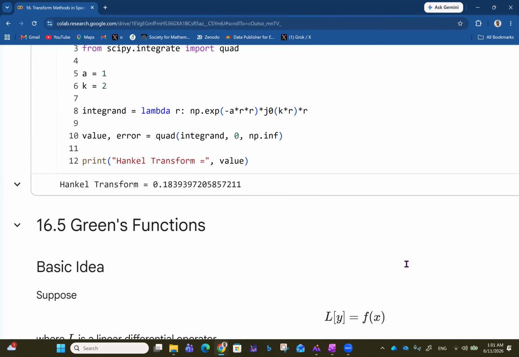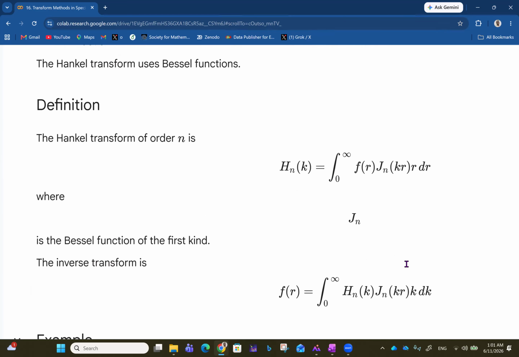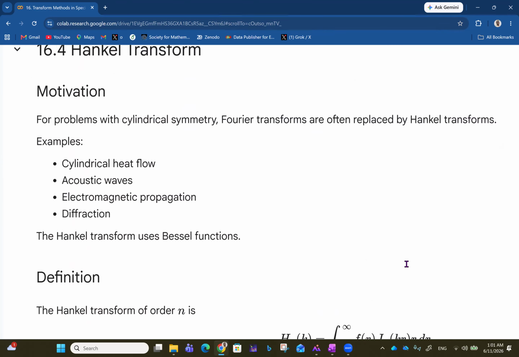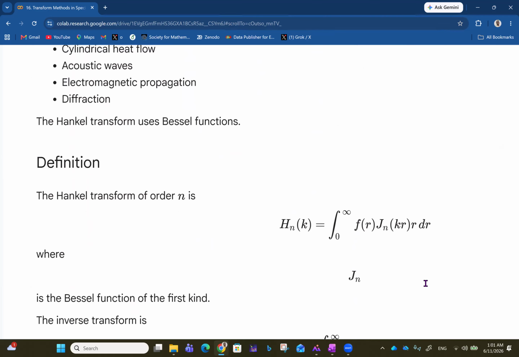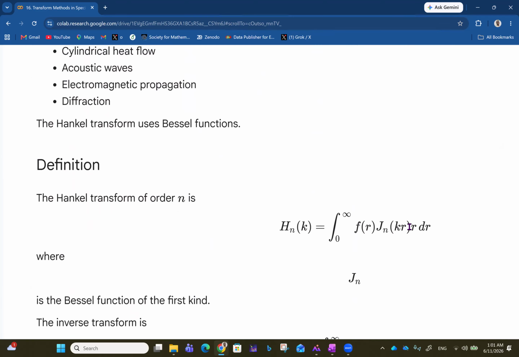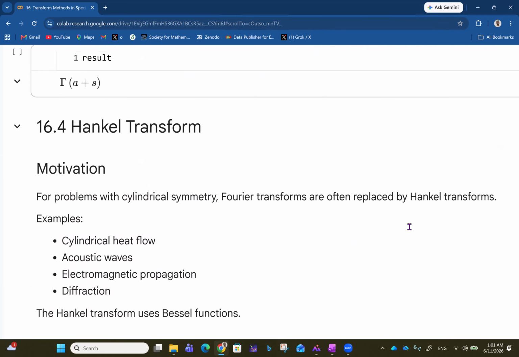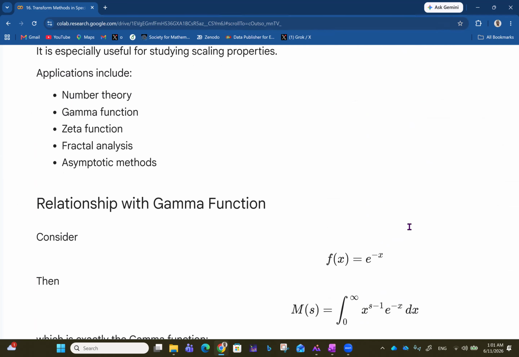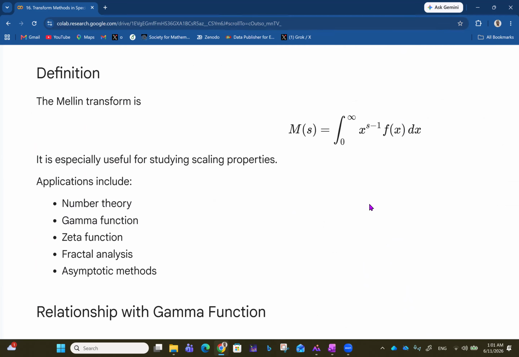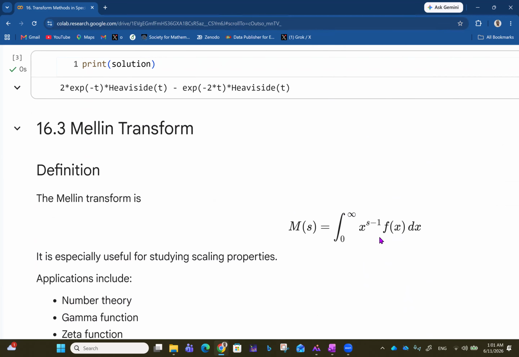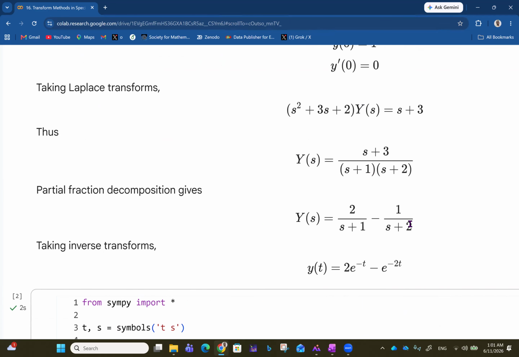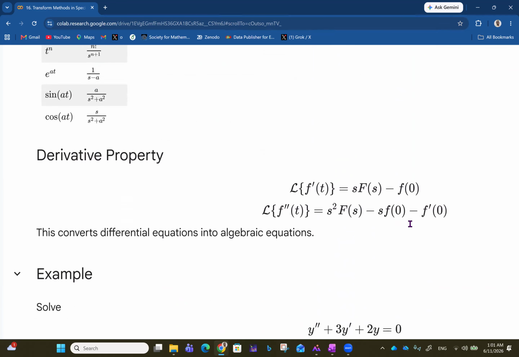I think the idea of kernel is better explained with things like Fourier and Laplace, or even Hankel. The kernel here will be J sub n of kr for Hankel. But when you come to the Mellin transform, for instance, the kernel is x to the s minus 1, because f of x can be any function. The kernel is like what holds it all together.